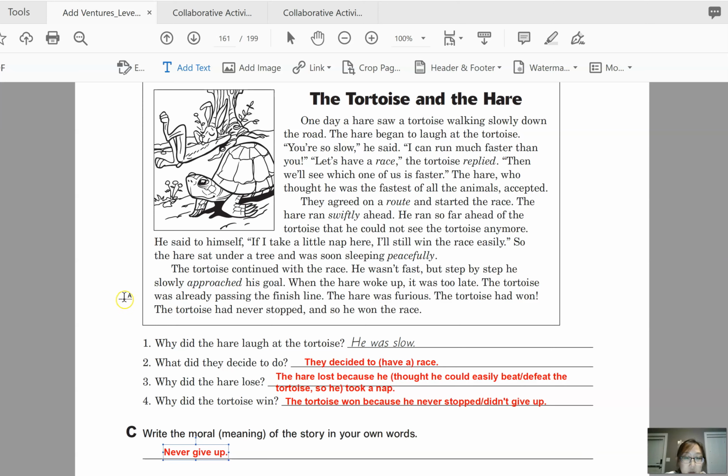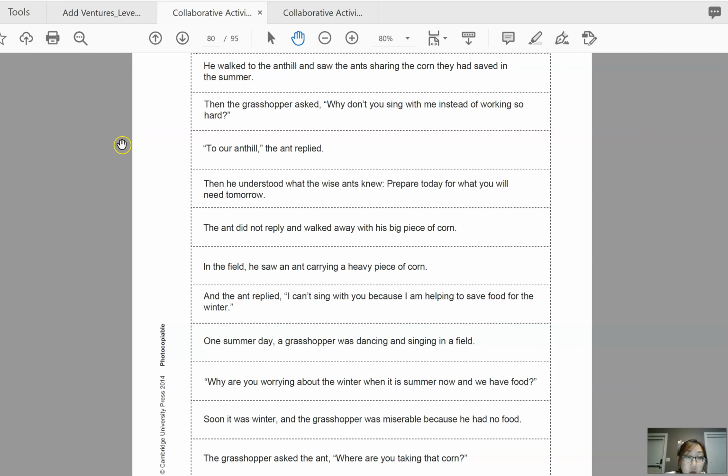Now we are going to look at another activity, another worksheet actually. So this is another fable, but it is scrambled. So again, scrambled means mixed up. So I'm going to give you some time to read each sentence. There are 11 strips, as you can see.